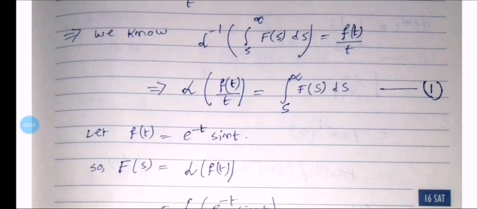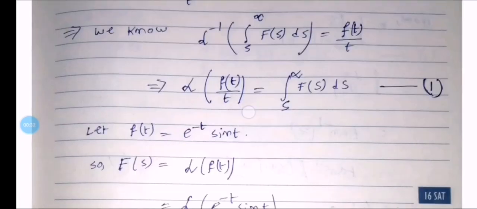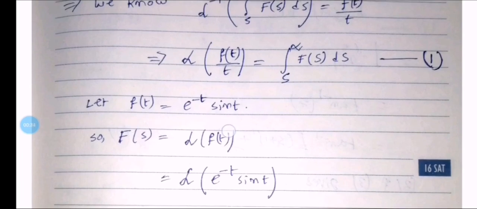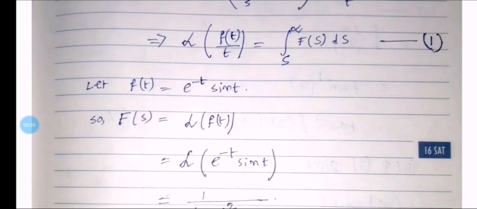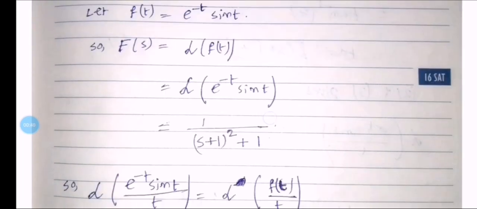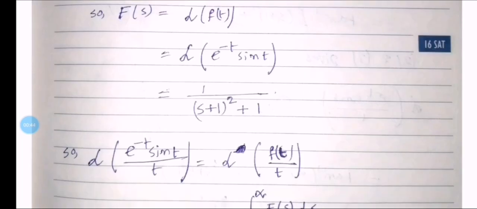So for finding the Laplace transformation by integration rule, we consider f t equal to e to the power minus t sin t, which is the numerator in our case. So F s is L of f t, the Laplace transformation of this term, which is 1 by (s plus 1) square plus 1.